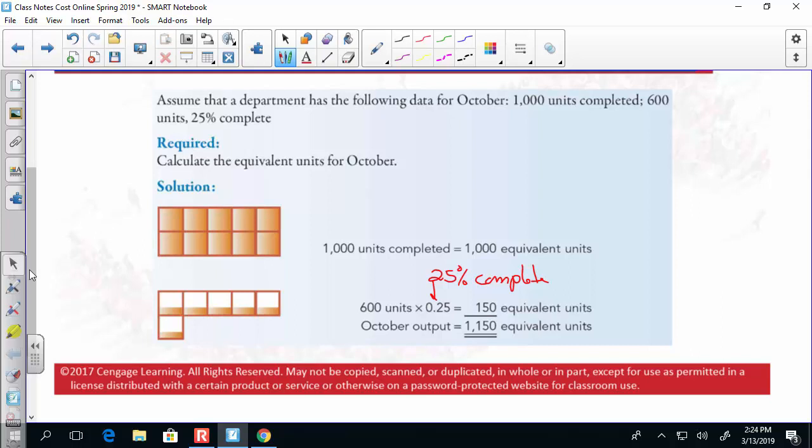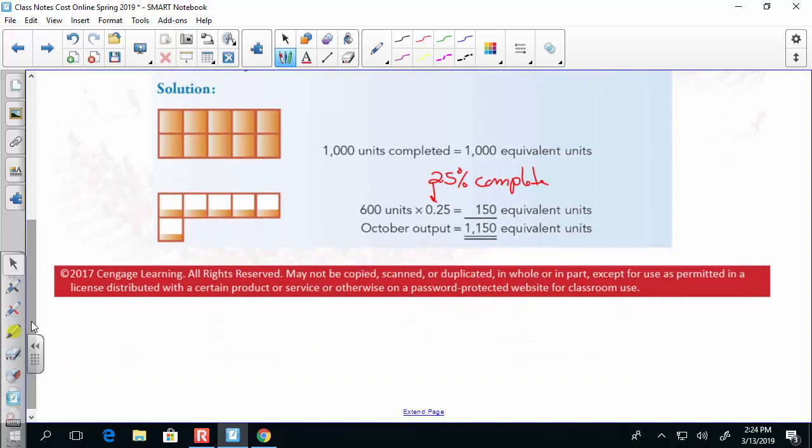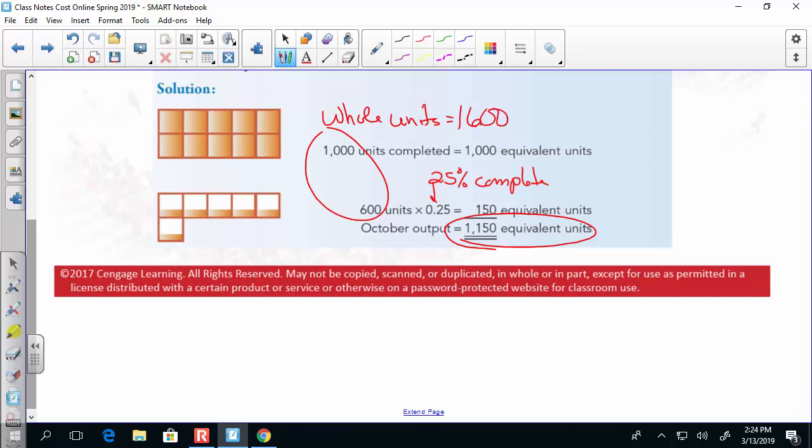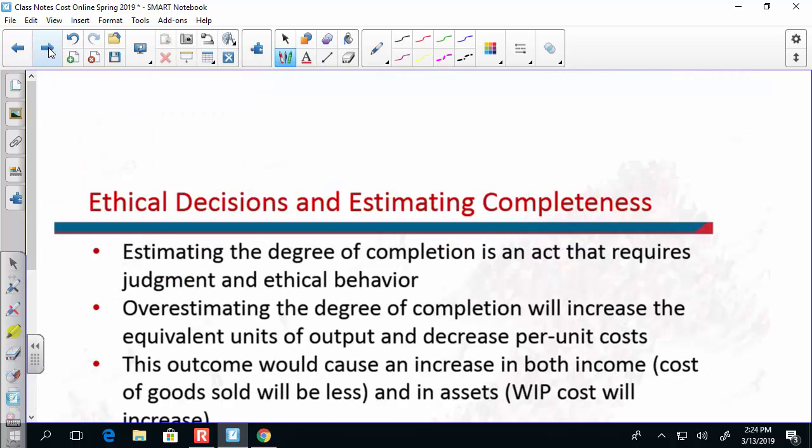So you'll see in many cases the equivalent unit number and then a whole unit number, which in this case is 1,600. So the whole unit term basically means that it is a unit, but we don't designate how complete they are. Just how many are we working on or completing at the same time.